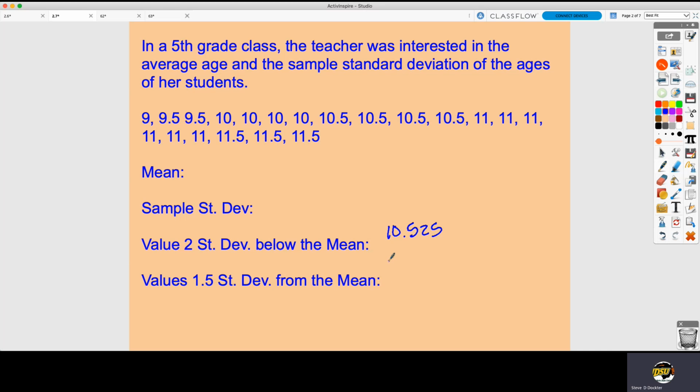We know that our sample standard deviation is 0.716. And we want to take 2 of them below the mean. So this would be our equation: we take 2 times our 0.716 and subtract that from 10.525. And what do we get for an answer there?